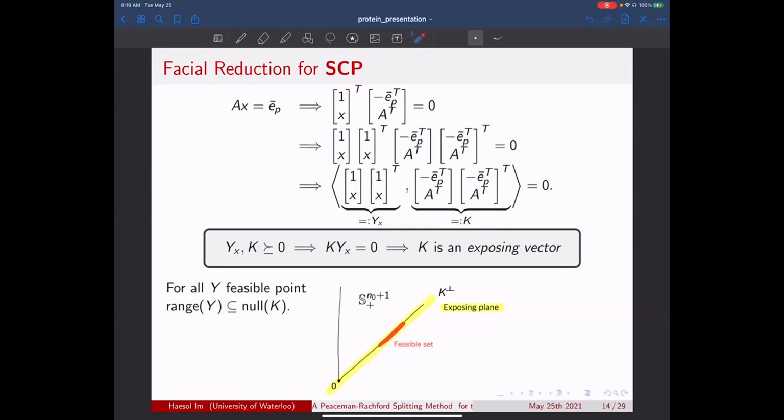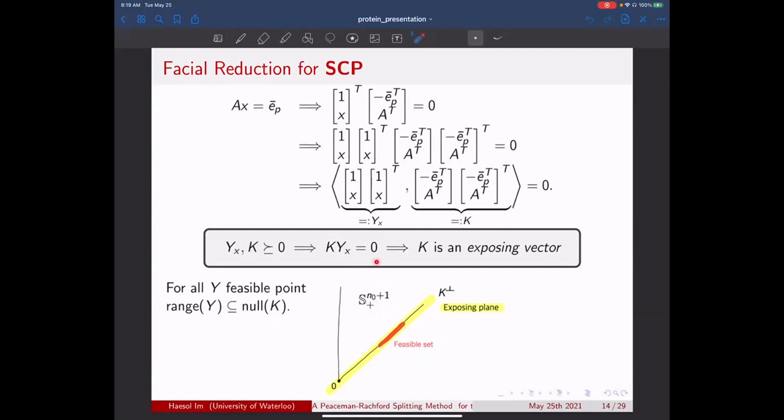So what this gives us is that K is an exposing vector to our model. That means every feasible point is always stuck in the null space of K, where K is an exposing vector. So this is what's going on in the picture. This is the positive semi-definite cone of the order n0 plus 1. And this red shaded region is the feasible set.